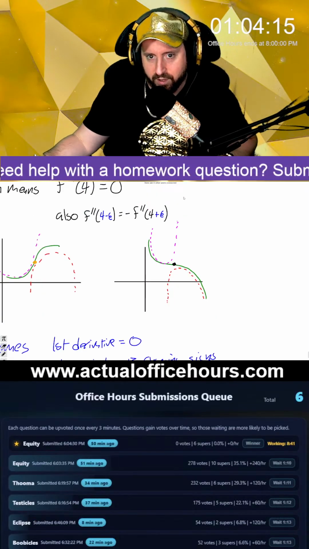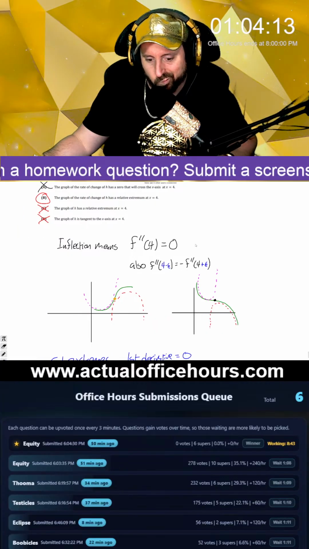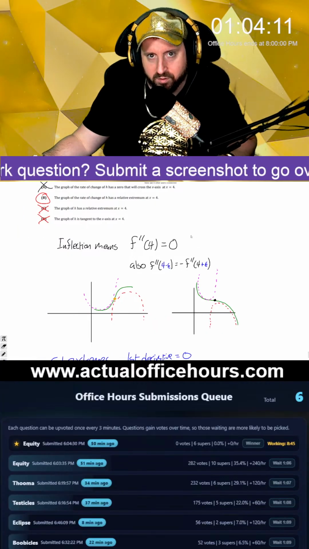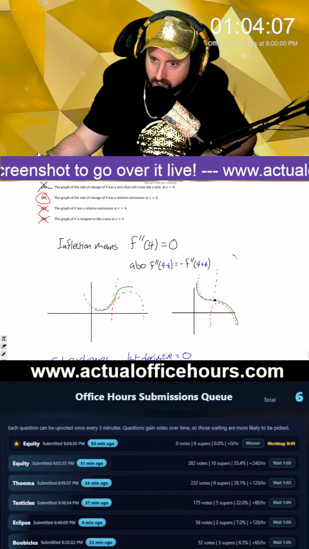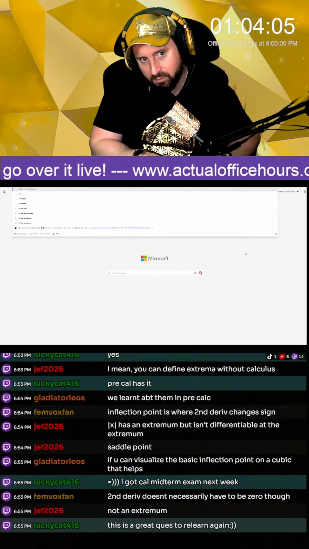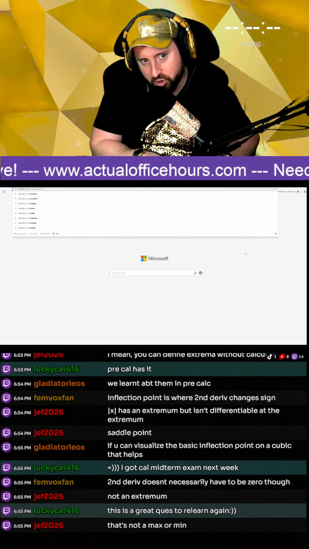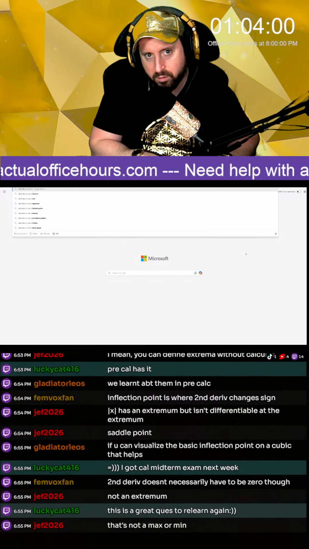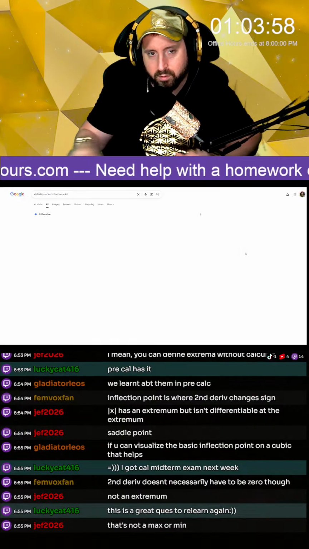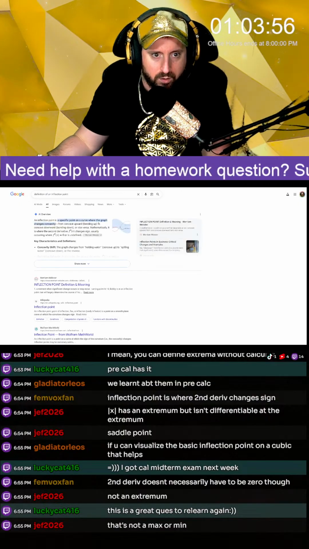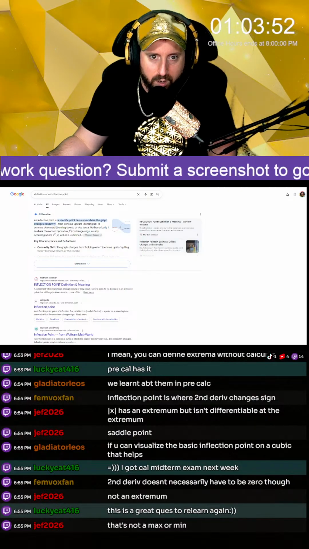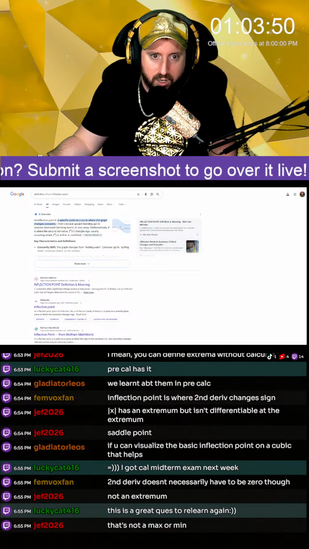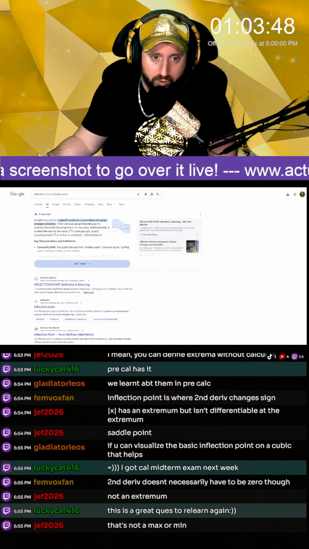Second derivative doesn't necessarily have to be 0. It doesn't? I think it does, unless it's a jump. An inflection point is where the graph changes concavity. Mathematically, it's where f double prime changes, usually where it equals 0.